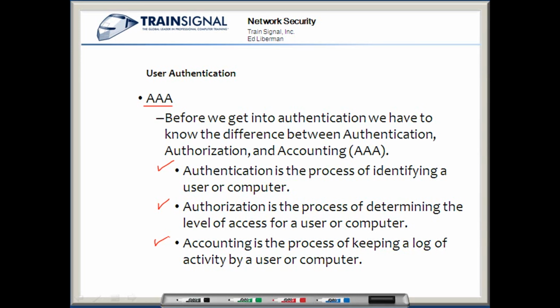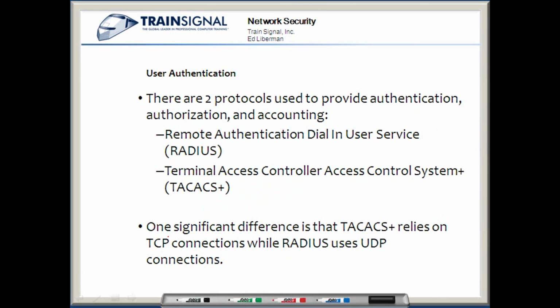So you need to make sure that you understand the breakdown between authentication, authorization, and accounting. Now, there are two protocols that are used to provide all three.